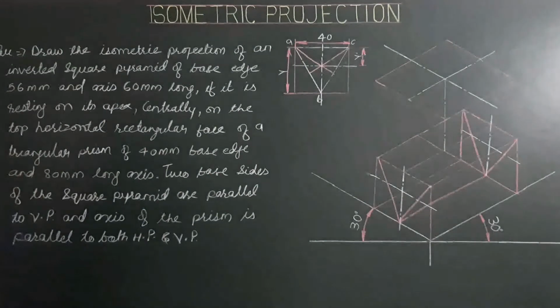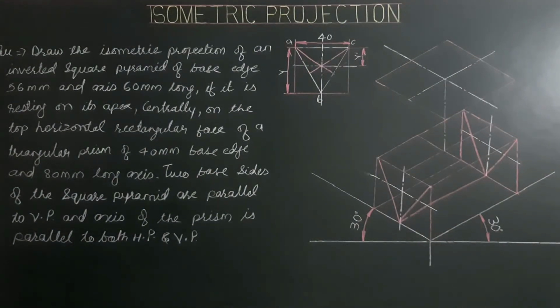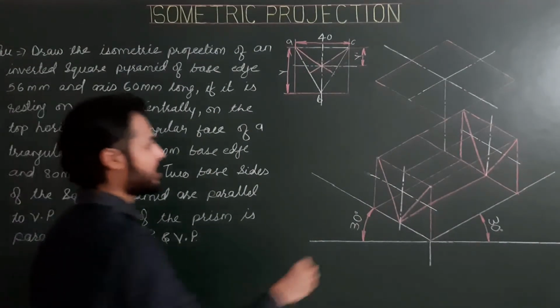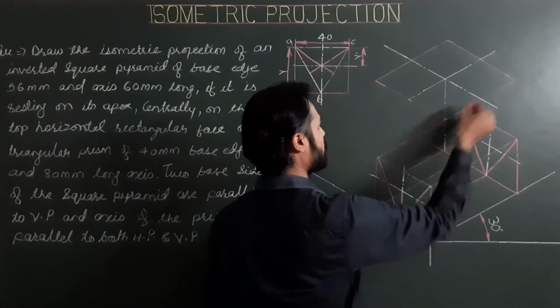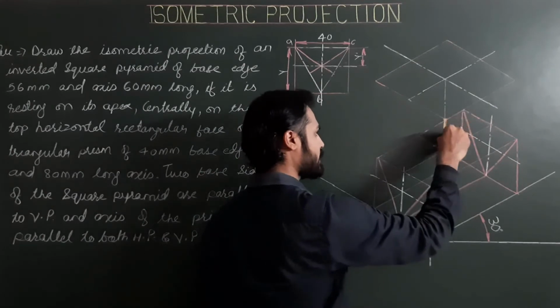Okay, now we have all four corners of the square base. Now drawing generators from all corners of the square base.